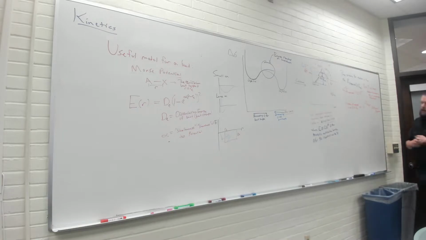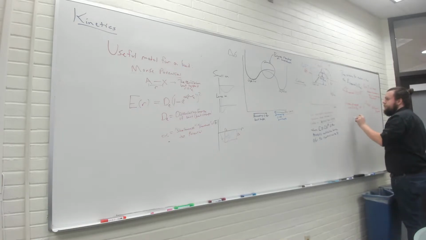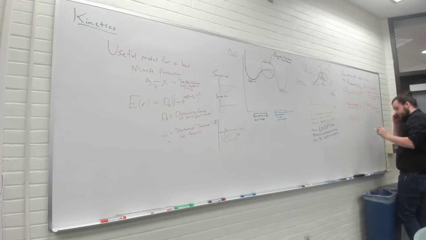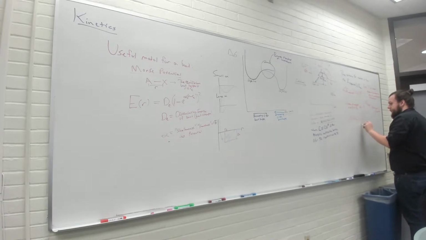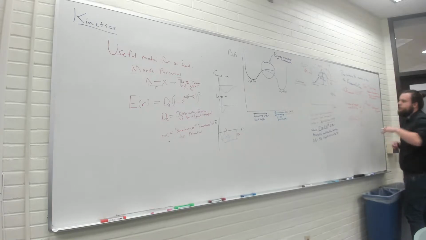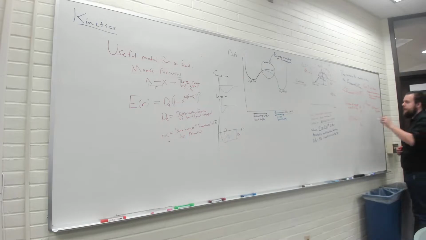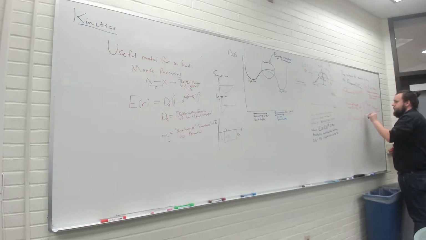So that means the fraction of molecules where energy is greater than or equal to E_A is going to be the integral from E_A to infinity, the sum over all the particles that have energy greater than or equal to E_A of our fractional term, dE.